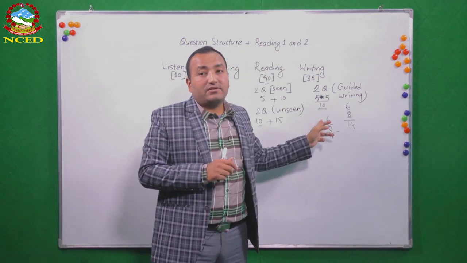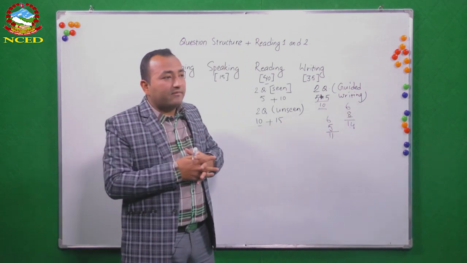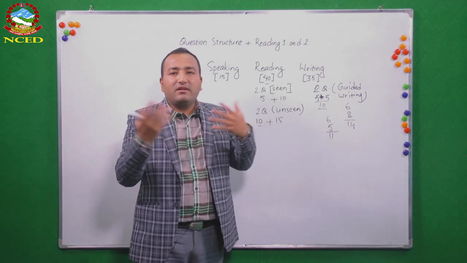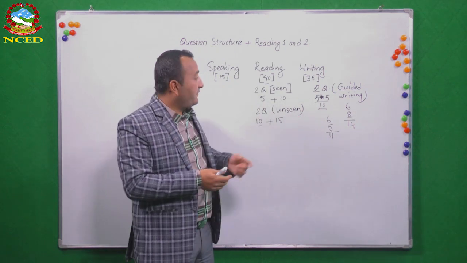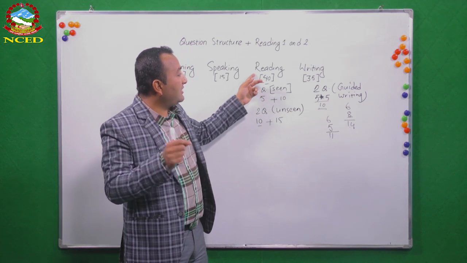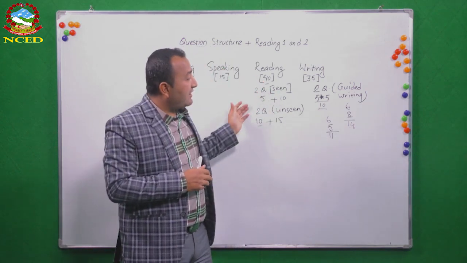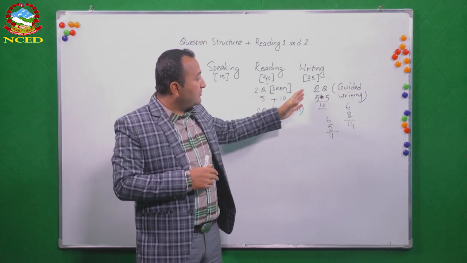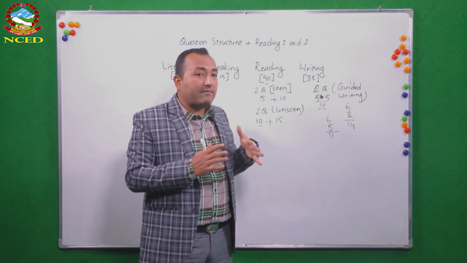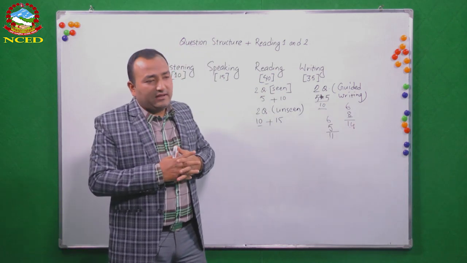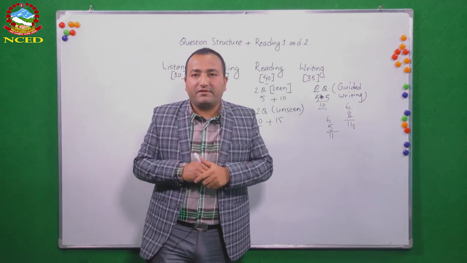If you use that time properly, then you can complete the whole answers. So what I suggest is, manage your time properly, do it fast, and be sure of what type of questions will be asked, and then I think it is not going to be that difficult for you.